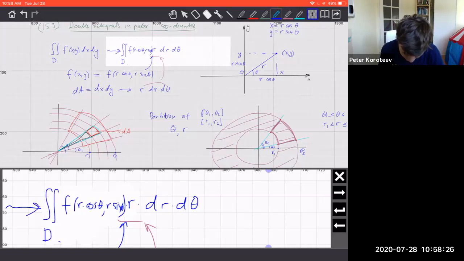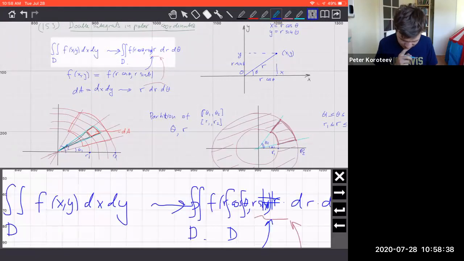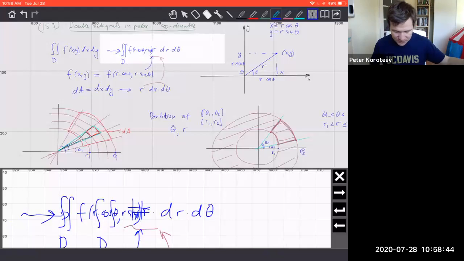So that's how the change of variables in a double integral in polar coordinates works, right? So change of variables from one way to another. In the integrand, you simply replace x with r cosine theta and y with r sine theta.